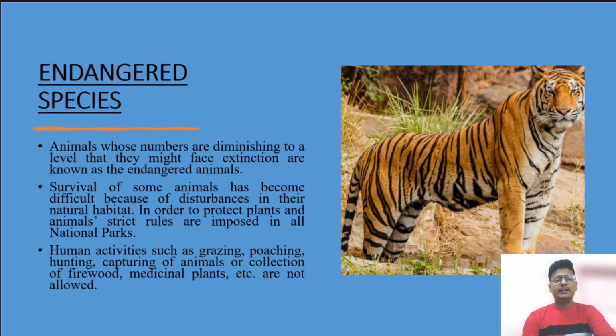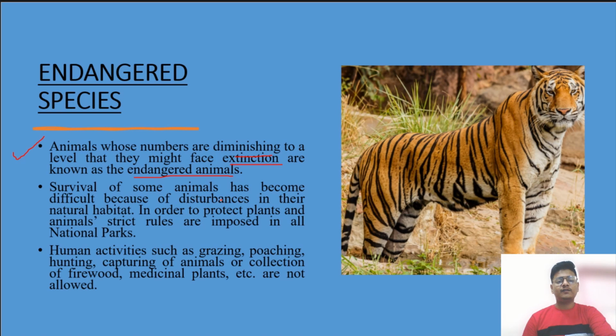This is endangered species. Just now I told you about tigers. Animals whose numbers are diminishing, meaning getting lesser to a level that they might face extinction, are known as endangered animals. So this is the definition of endangered species.